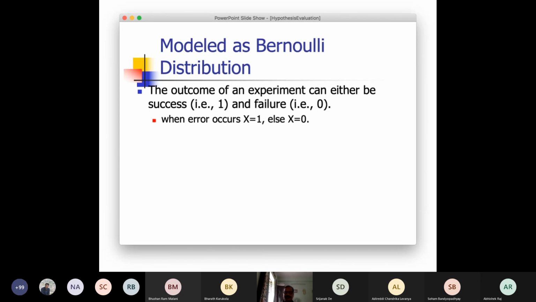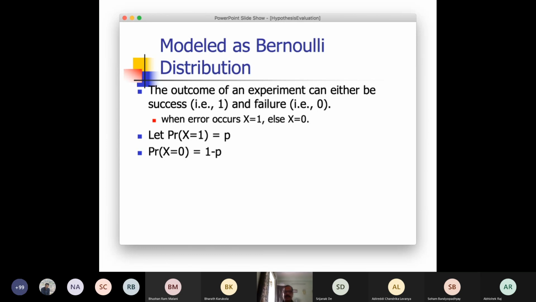Anyway, let us consider the underlying statistical model: the probability that it would be erroneous, or x equal to 1, is p. So what should be the probability of x equal to 0? That is 1 minus p. Fine. So what is the expectation in this case?